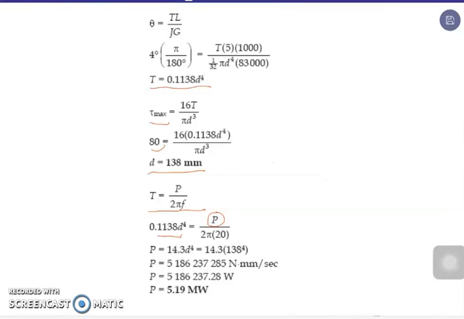If we substitute the value for the diameter of the solid steel shaft, we have the equivalent P in Newton mm per second. Converting this to watts and then to megawatts, we have 5.19 megawatts.